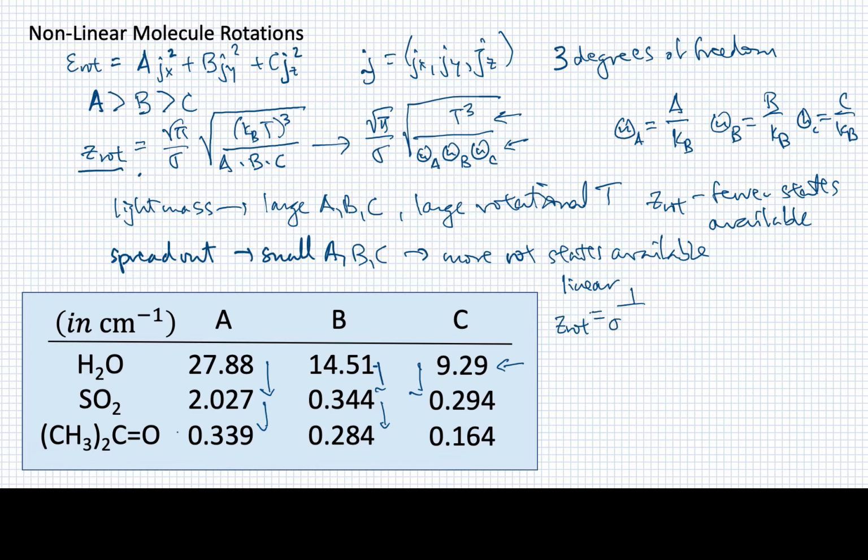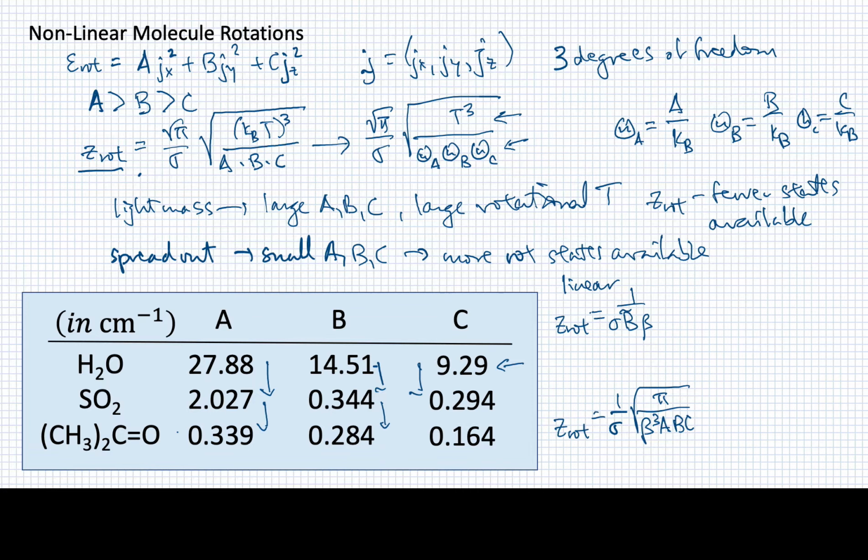It's 1 over sigma times the rotational constant times beta. And for this nonlinear molecule, it's going to be this more complicated function that looks like 1 over sigma times the square root. And I'm going to combine some things together here, but we're going to end up with beta cubed times ABC.